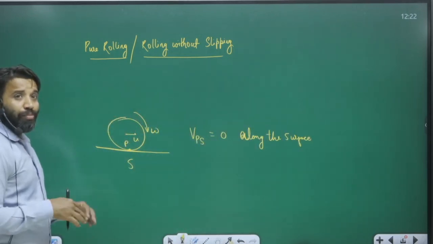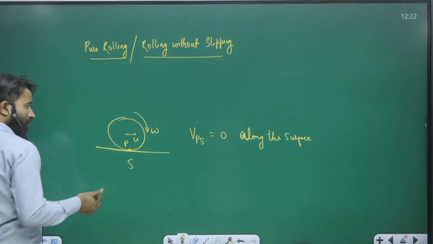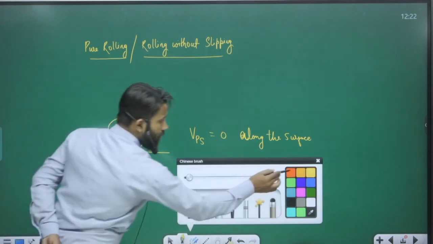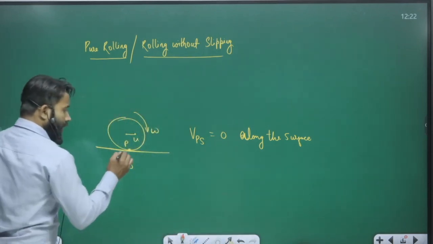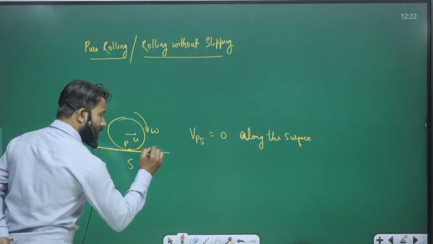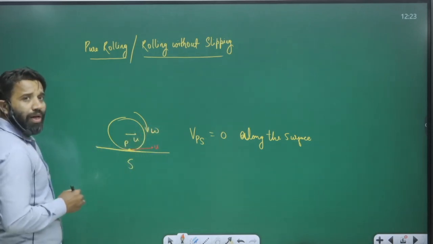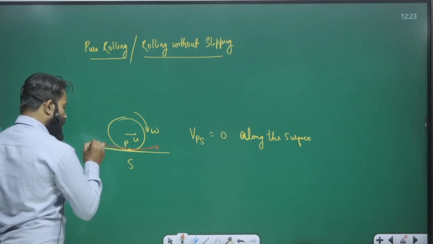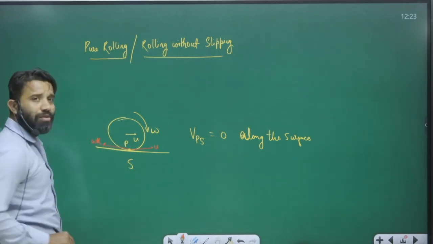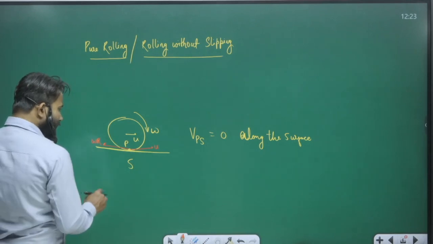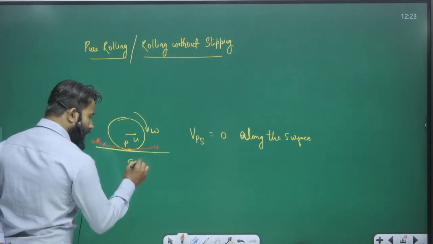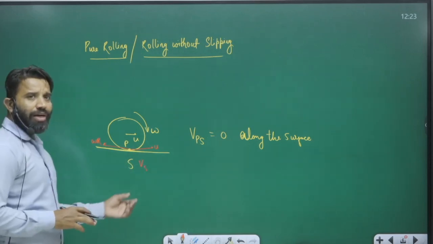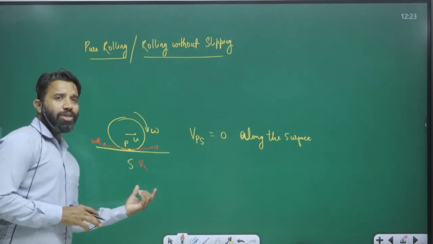Got my point? What I mean to say is, if you observe these points S and P, say this point P will have some velocity u in the forward direction, and as it is rotating, it will also have a velocity omega r in this direction. Say this surface has some velocity Vs, whatever the direction may be.